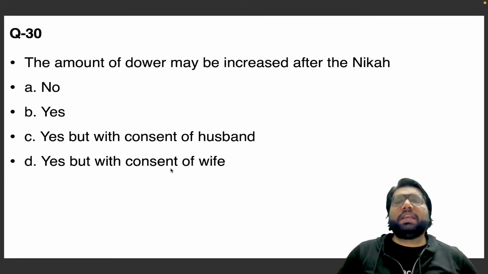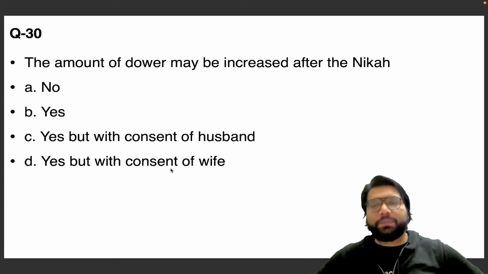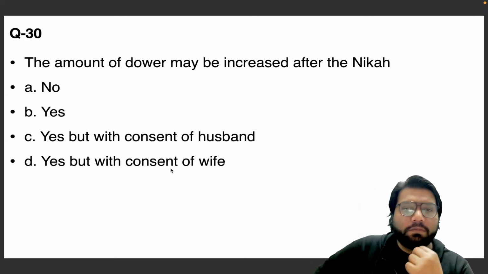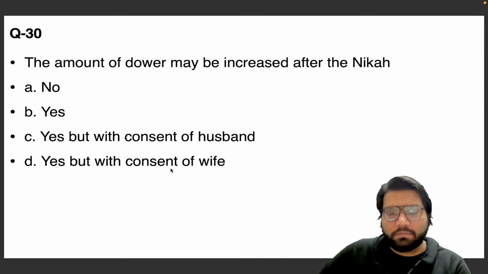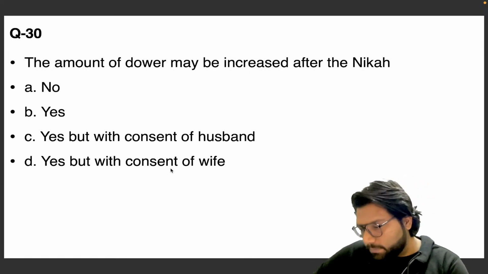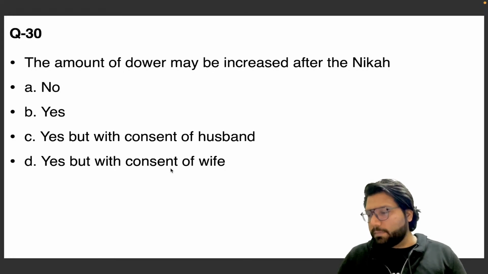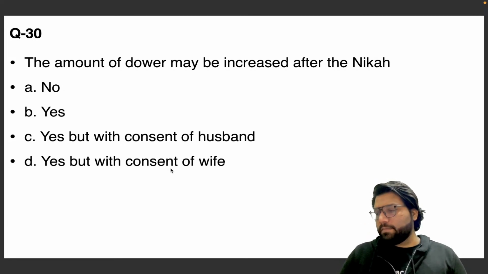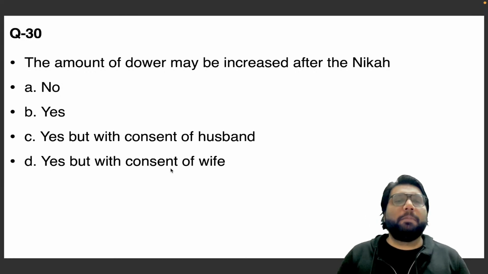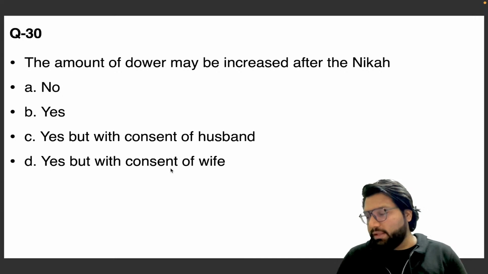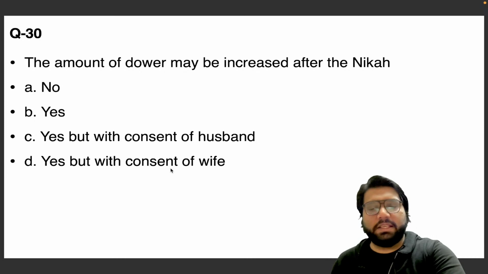The amount of dower may be increased after the nikah. First one to answer correctly, that is Kanika, and yes, but with the consent of husband only. Everyone's answer is correct. The answer is C.